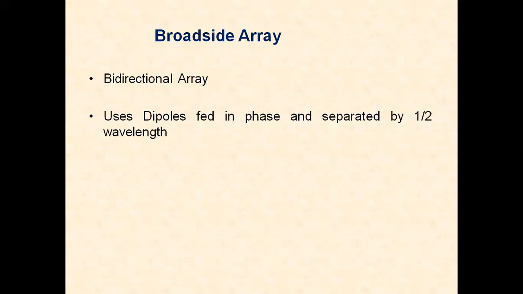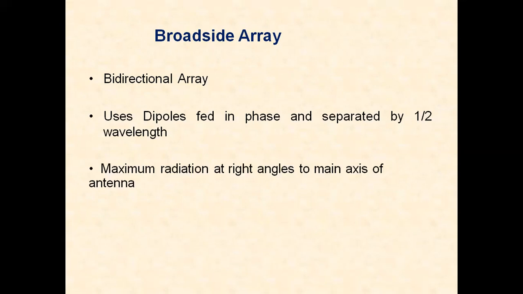Therefore, a broadside array may be defined as an arrangement in which the principal direction of the radiation is perpendicular to the array axis. It is a bidirectional array. The elements are separated by wavelength lambda by 2. So the maximum radiation occurs at right angles to the main axis of the antenna.